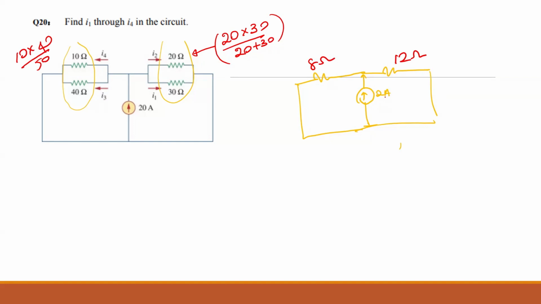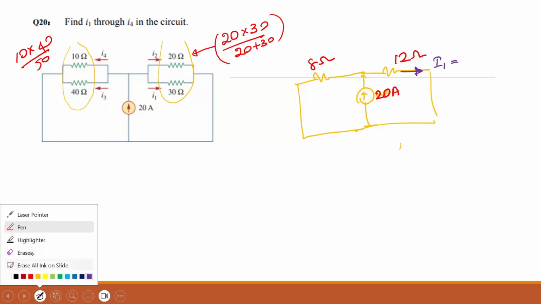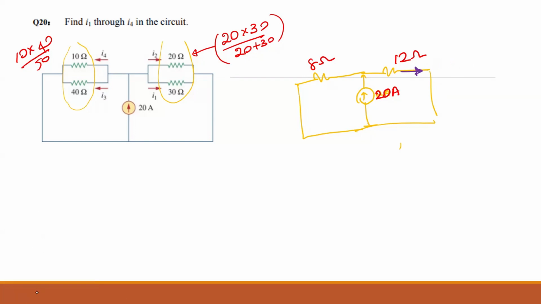Yep. So how is this splitting to the two sides? If you want to find this one, I1, let's say not I1, let's put something else, IA. So this is IA, and IA is going towards the right, and IB is going towards the left. So this is IB.